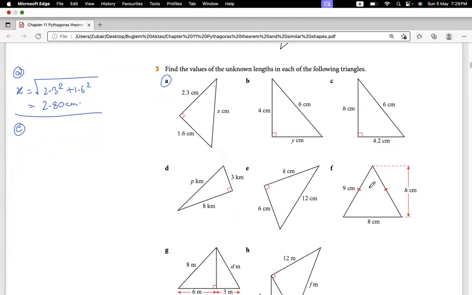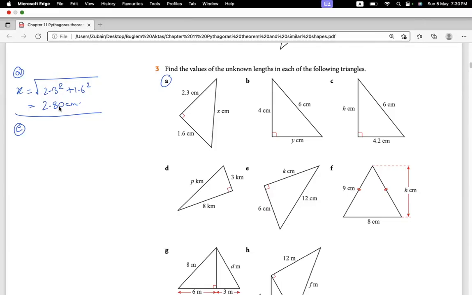I think it should have something to do with the buttons or something, but it's not working. 2.3 square plus 1.6 square gives you 7.85, not 17. 7.85, yeah. So that'd be square rooted, and you're not getting that answer. The calculator isn't working after that stage. Okay, so I'll write it and you can check it from the screen.